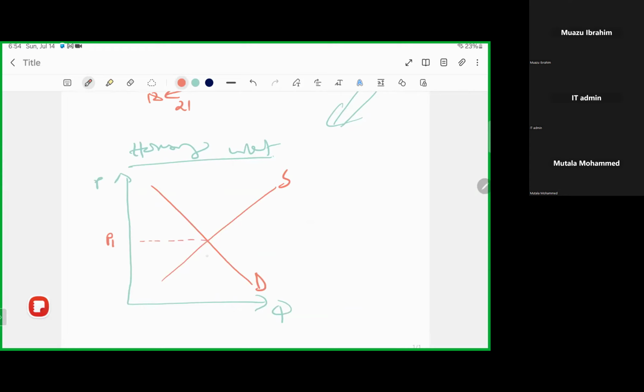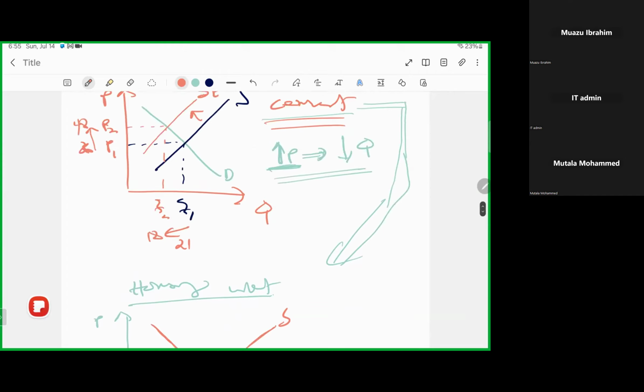This is the price of the house, and this is the quantity of the house.